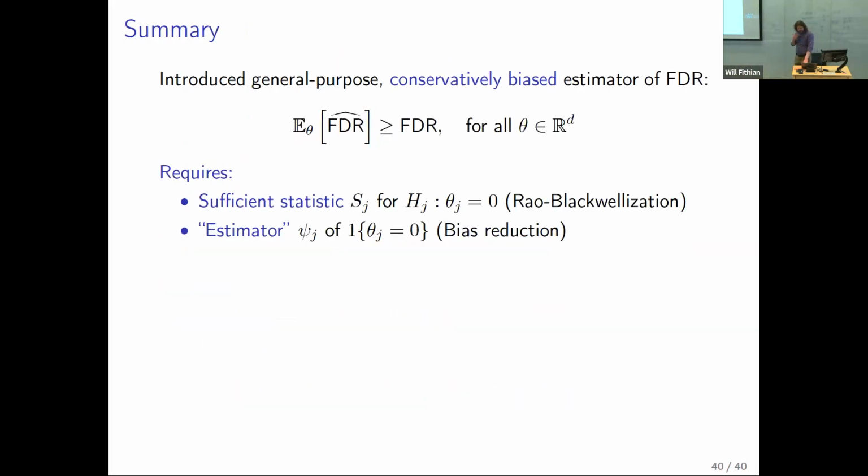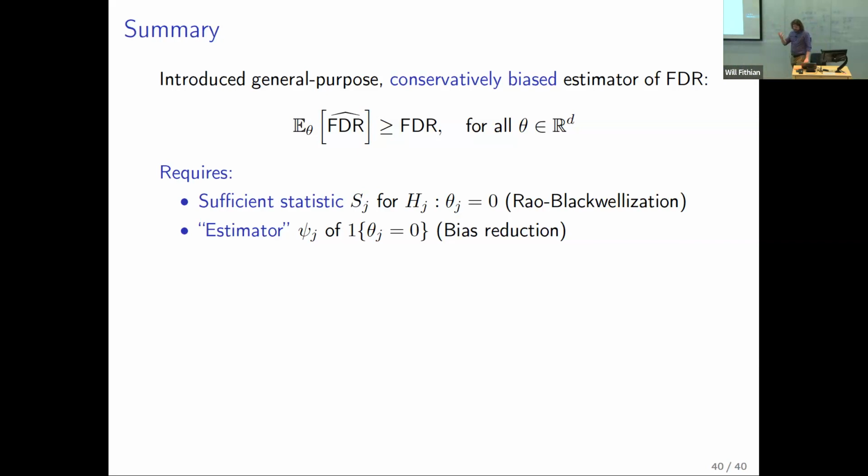Okay. All right, so to summarize again, we have a general purpose estimator of SPR, which includes the purposely introduced bias. The core thing that we need is a sufficient statistic for each null hypothesis. A sufficient statistic for each null hypothesis already exists in many hypothesis testing settings.